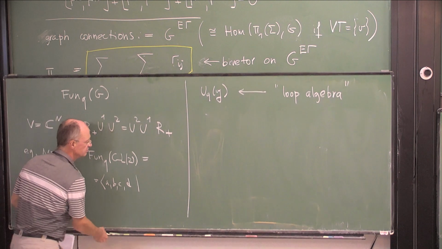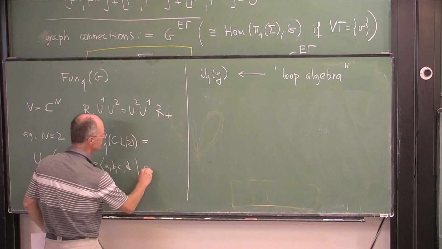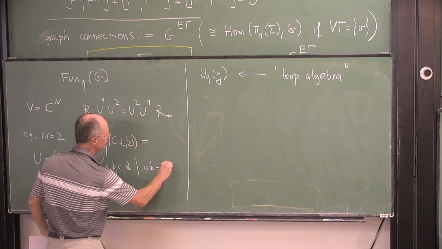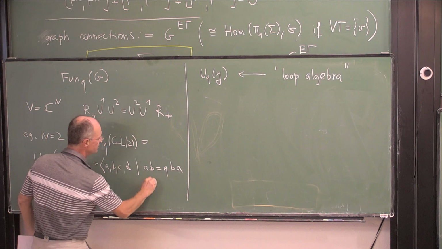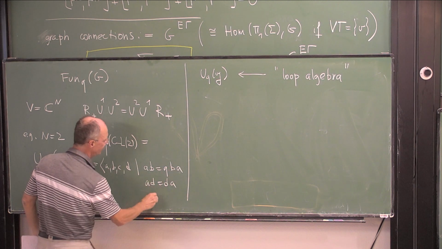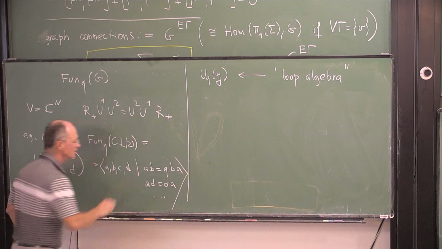Maybe I write some of them, they will be something like this: AB equals q BA, AD equals DA, and so on.